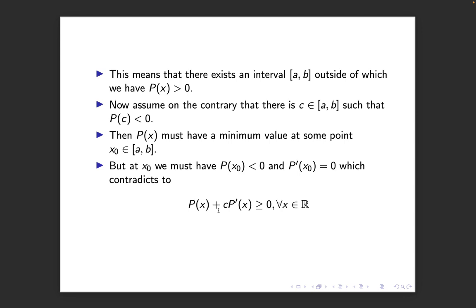But that contradicts the original assumption that p of x plus c times p prime of x is greater or equal than 0. So the conclusion is that there cannot exist a point c such that p of c is less than 0. Therefore, p is greater or equal than 0 for all x in R, in the real number system. Right? So p of x is greater or equal than 0 for all x in R, and that concludes the solution.